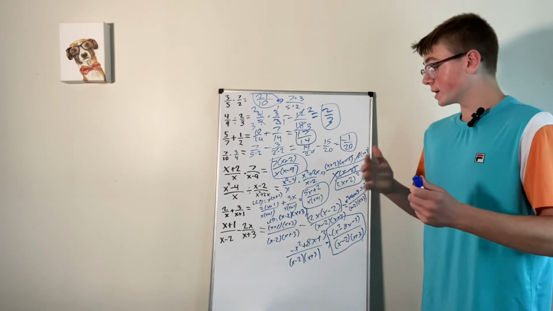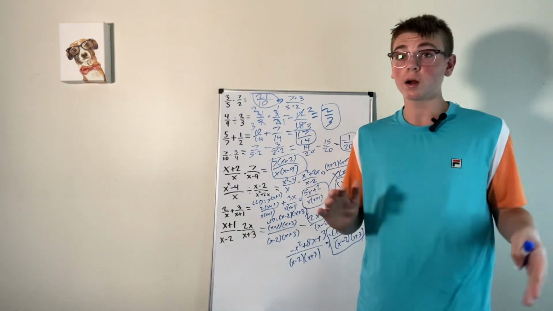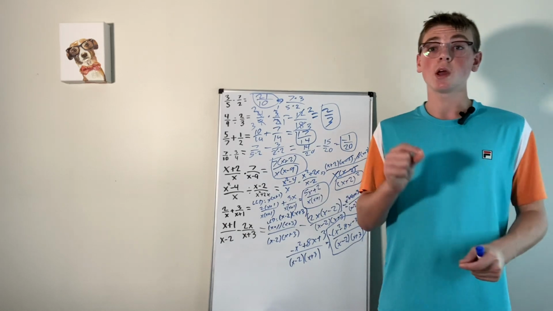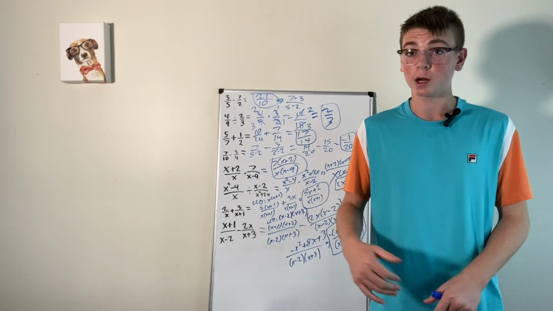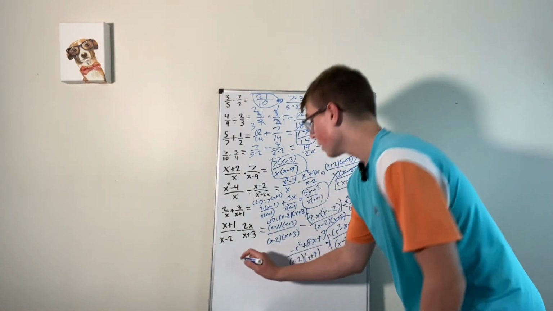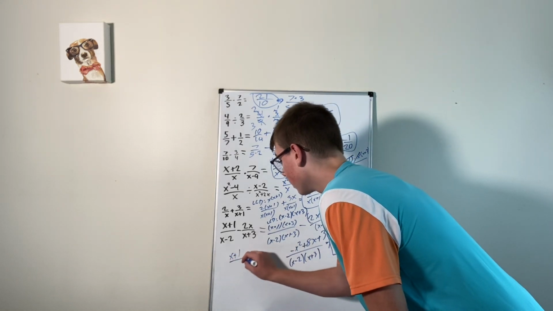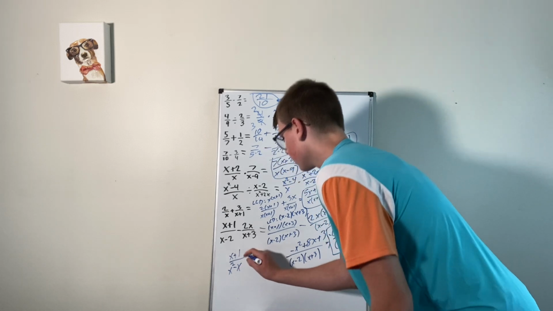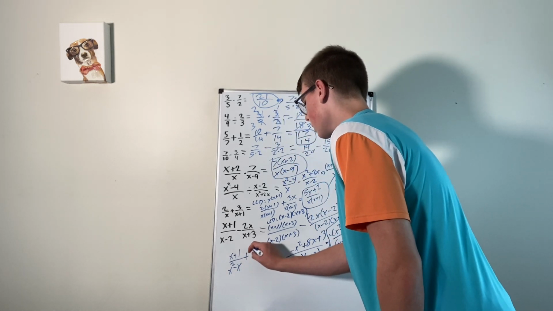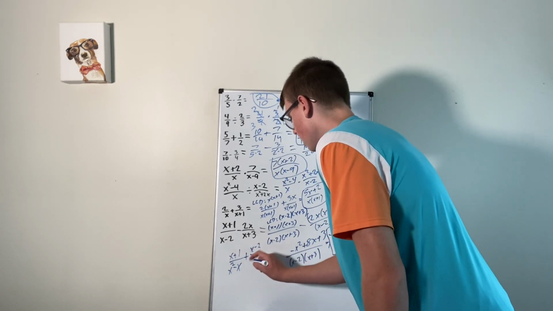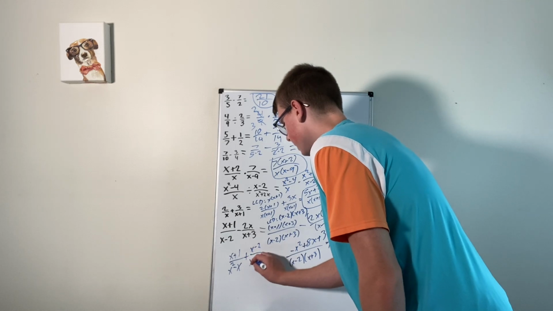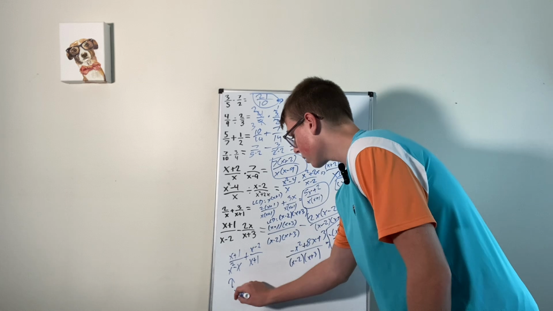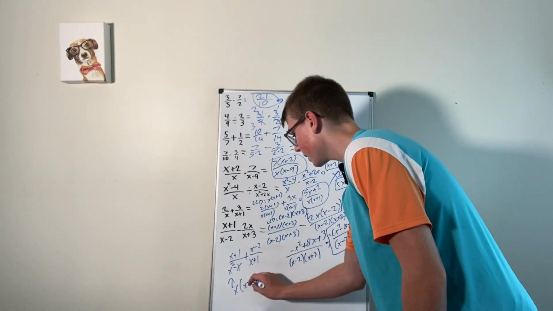So you can see that it gets a little harder when you add variables, but especially with addition and subtraction, try to find that least common denominator. And if you have something like x minus 1 over x squared minus x, right, plus x minus 2 over x minus 1, what you'll see here is that this goes to x times x minus 1.